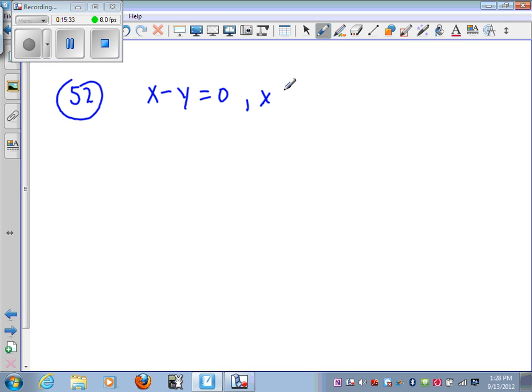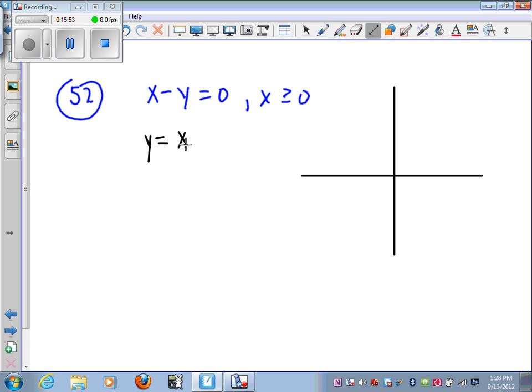And x is greater than or equal to 0. So now for greater than or equal to 0, we're in one of these two quadrants. And then we got to get y by itself, so this is just y equals x. And now that one, if we pick a point where x is 1, then at x is 1, y is 1.